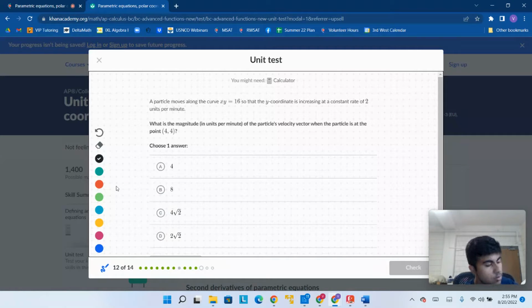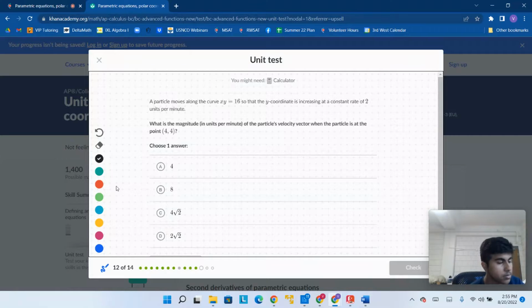Right, so we can write this down simply as 16 over y, comma y, where the velocity is going to be something, comma 2.